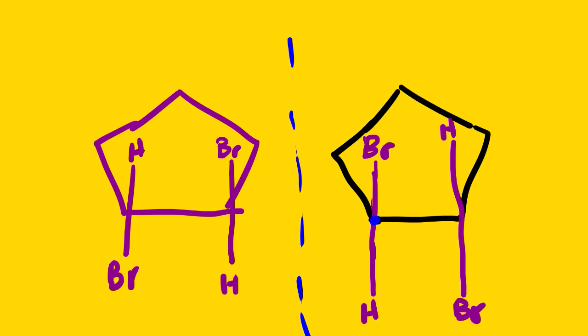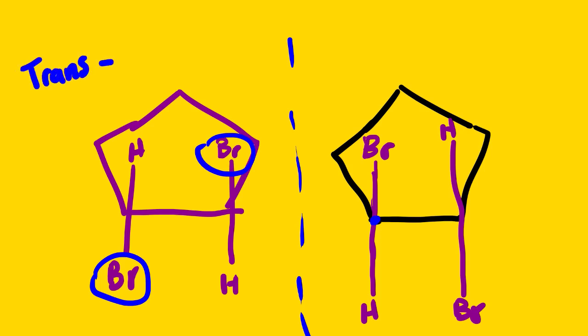So in this case, these two are different. The mirror image of this particular molecule is different from the original one. Since these groups are not on the same side, one is at the bottom and the other at the top, we say this is trans.